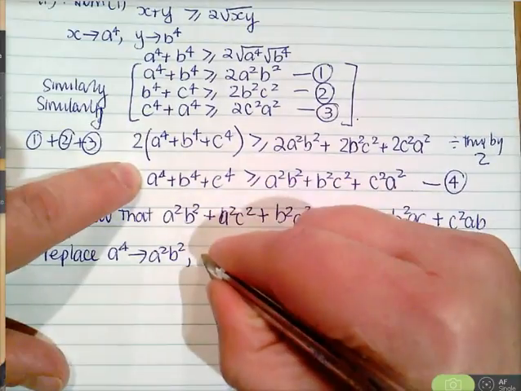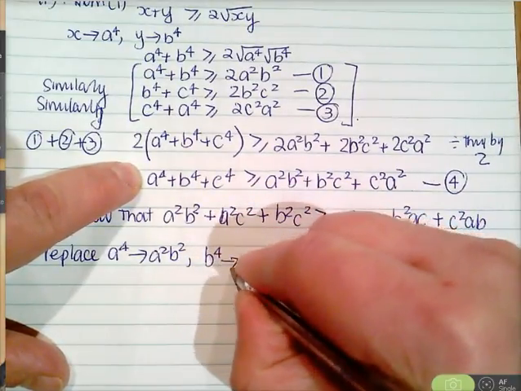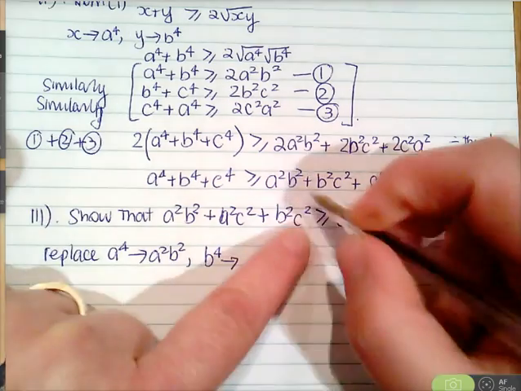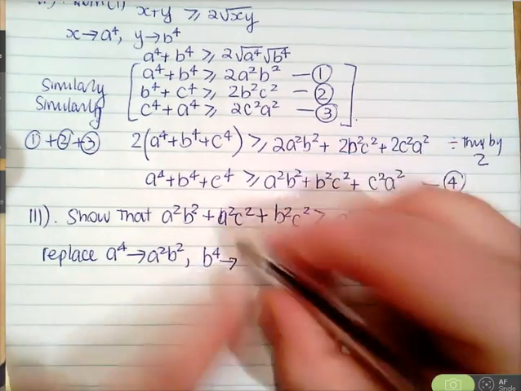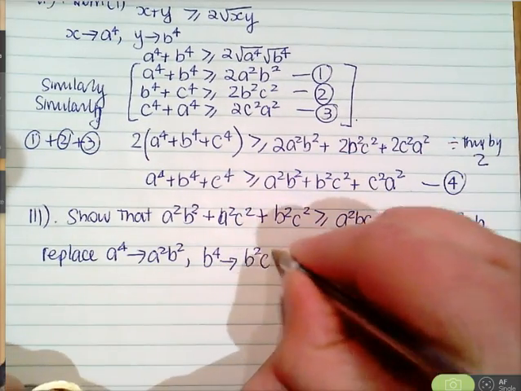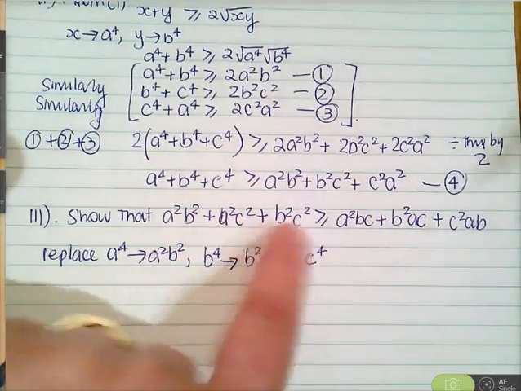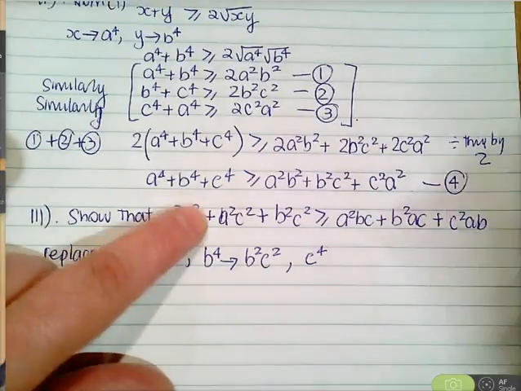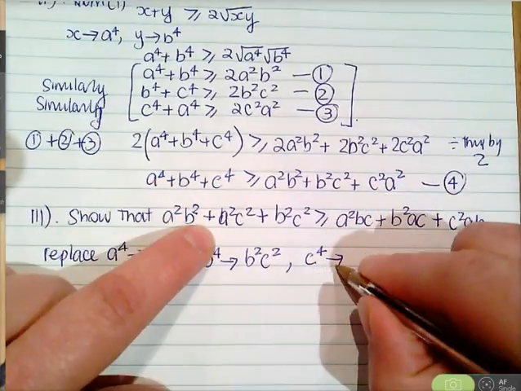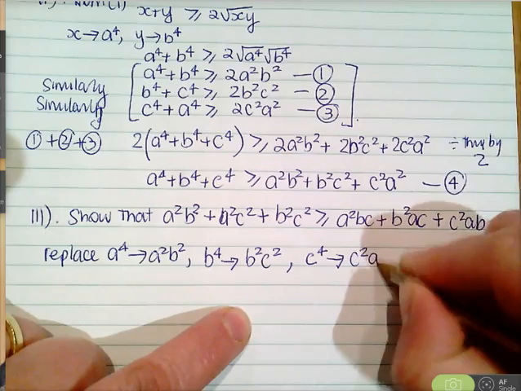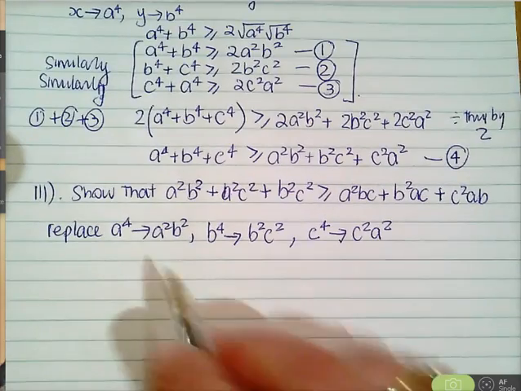Okay, we can replace b4 with either that one or this one, but we'll replace it with b squared c squared. And we can replace c4, sorry, I should have written this the same way as that, replace c4 with c squared a squared.